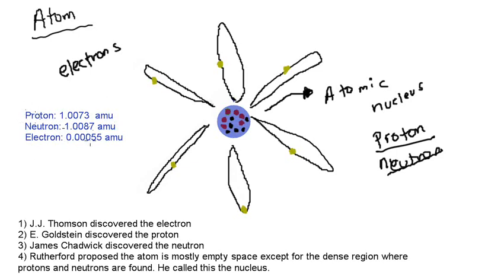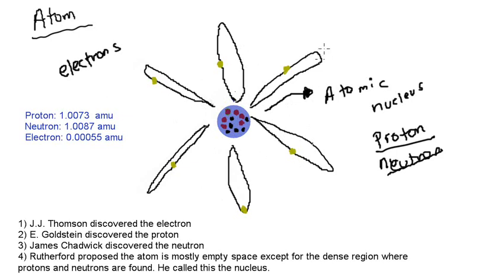Electrons, on the other hand, we say that they weigh nothing. We don't take their weight into account because their weight is very, very tiny. Electrons weigh 0.00055 atomic mass units. So this is very tiny compared to a proton and a neutron, which are the things that actually weigh. Another thing that I want to mention is that this figure is not drawn to scale.